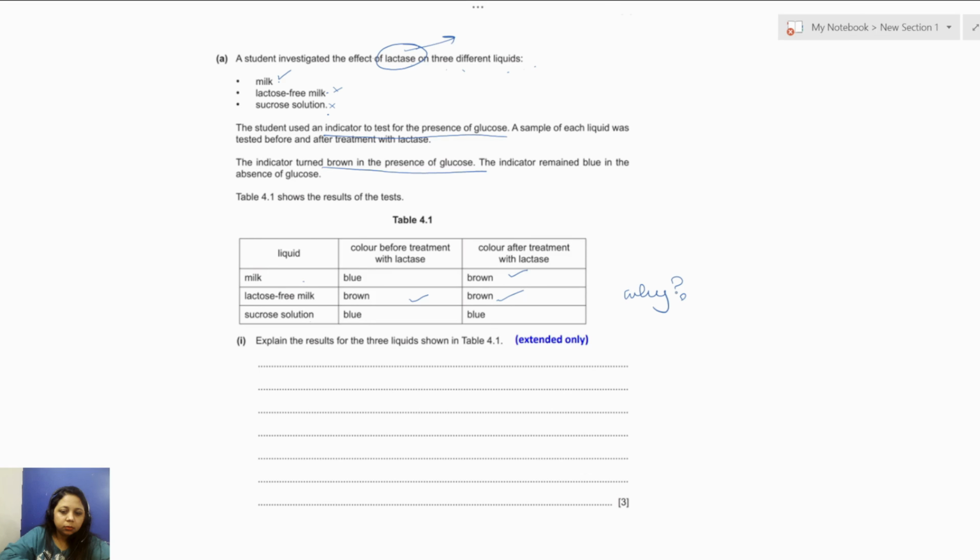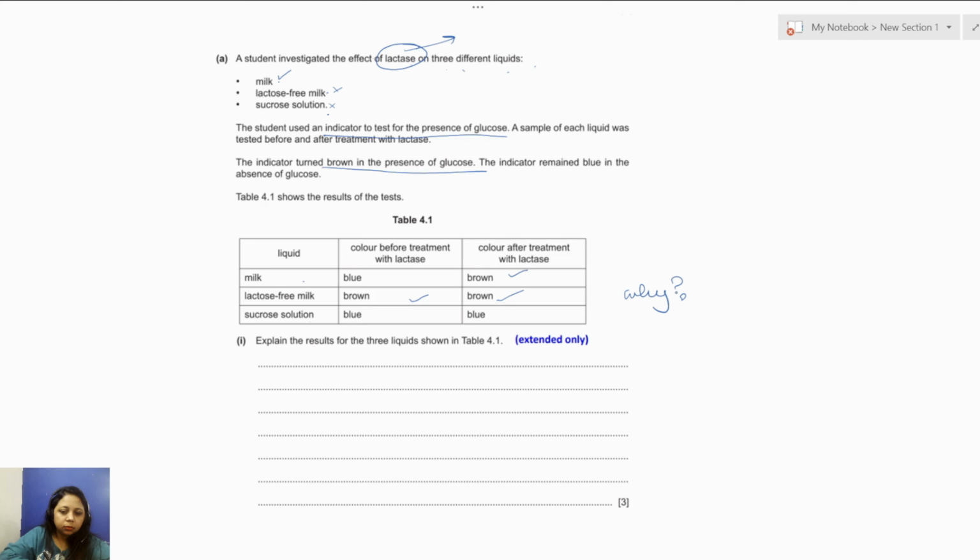Now the second one, lactose free milk, means it is already treated with lactase. Even in industries nowadays lactose free milk is very common because people are allergic to lactose. So industries have already used the lactase enzyme to convert the lactose into glucose.